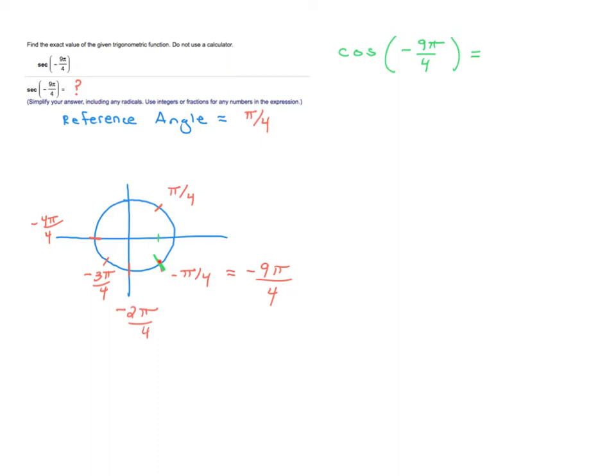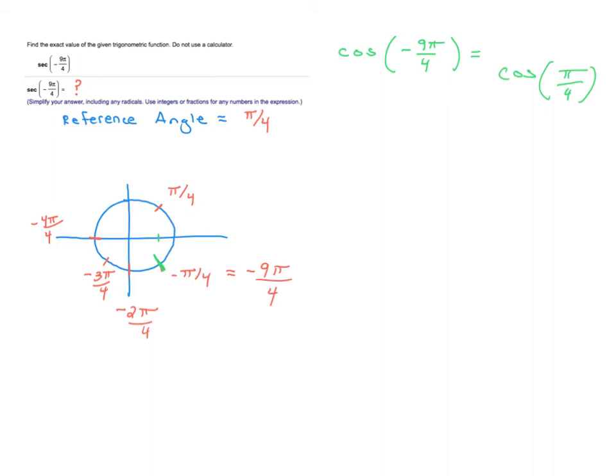The x-coordinate of this point is going to be equal to the x-coordinate of this point. So if I want to figure out cosine of negative 9 pi over 4, and I'm using this as my reference angle, because we're talking about the x-coordinate, I know that this is going to be equal to cosine of pi over 4.